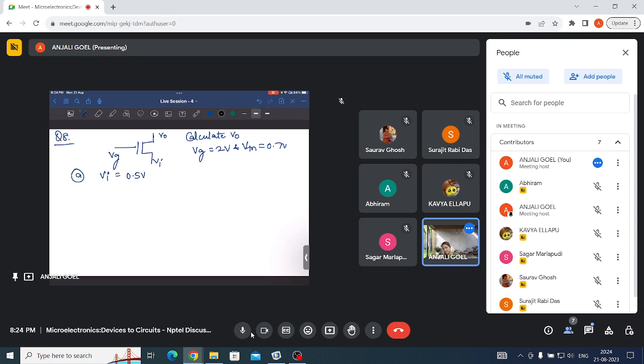Yeah. So Vg minus Vi is equal to 1.5, which is greater than Vtn. So V out is equal to Vi, equal to 0.5 volt.